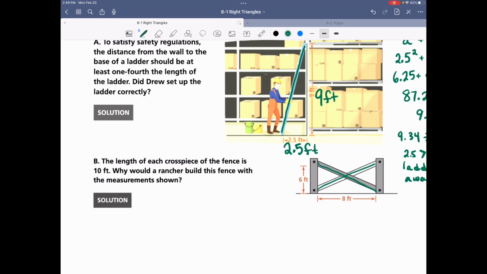So we have it as a height of 6, a length of 8, and the beams are 10. Why might he want to build his fence like that? And we'll just pause and have discussion because there's no right answer to that. There are many right answers. So I'm interested in hearing your ideas.